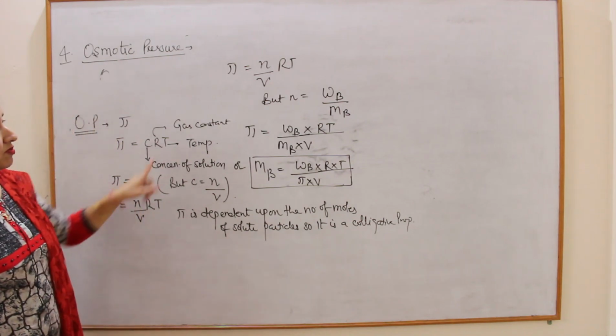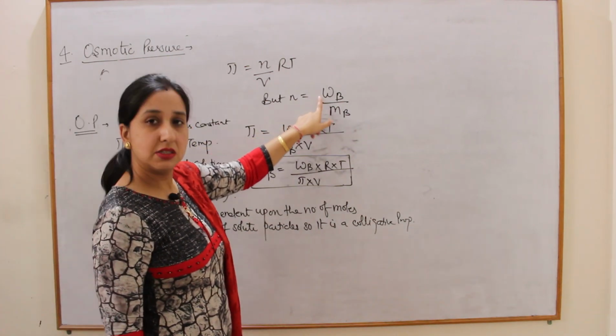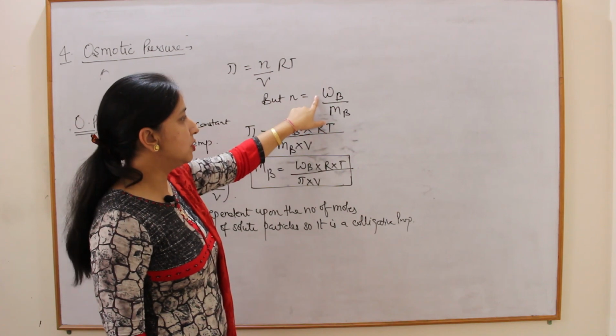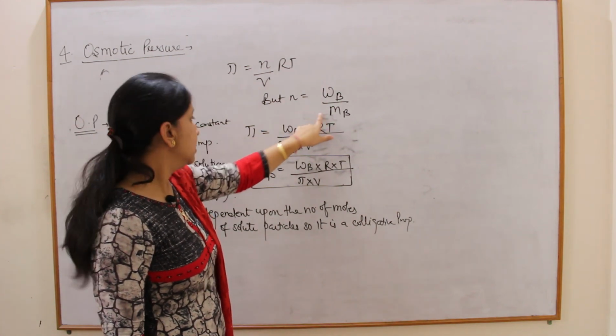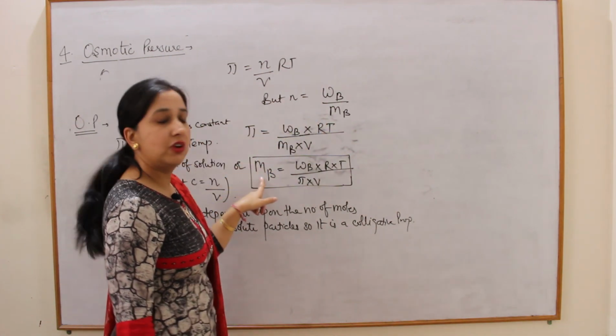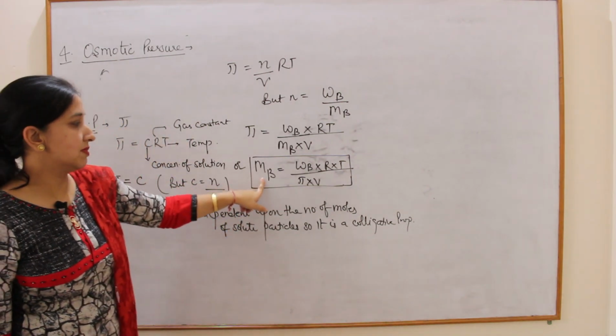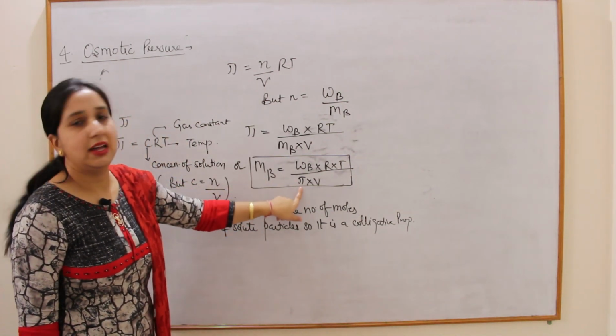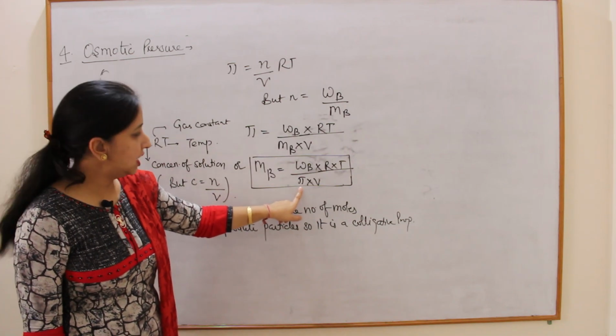So this number of moles is equal to mass upon molar mass, that is WB upon MB. So with the help of this formula we can calculate the molar mass of the solute with the help of the value of osmotic pressure.